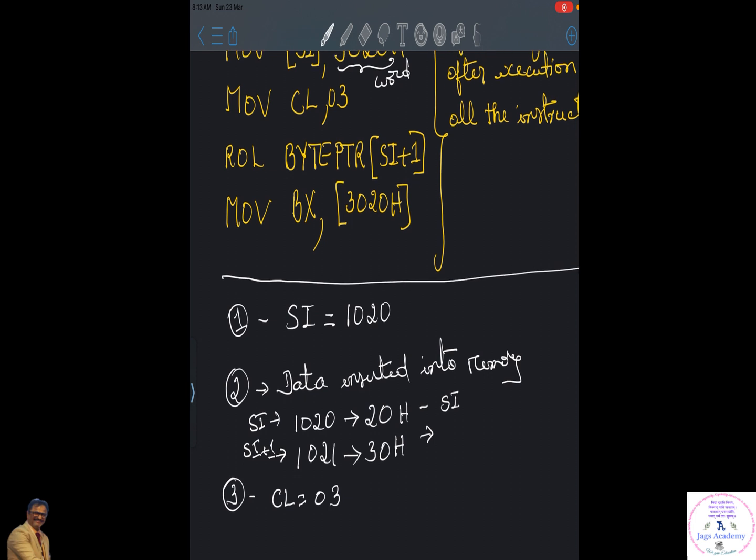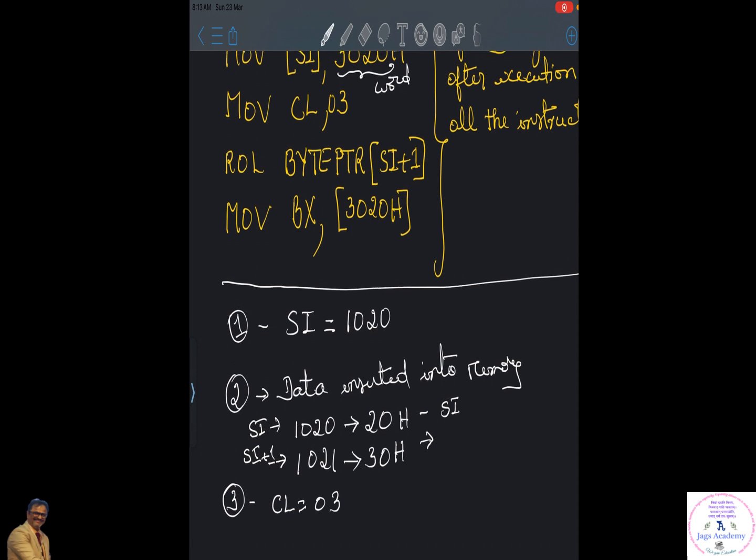So here the instruction is rotate left byte pointer SI plus 1, comma, CL. What is the meaning of this? That means the byte corresponding to SI plus 1 is rotated left 3 times.